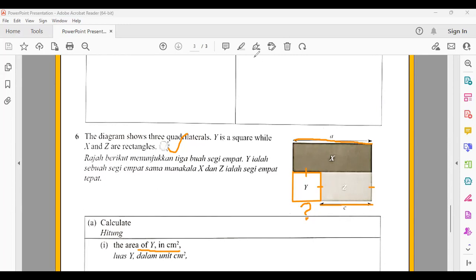Now, just remember, girls, there's no numbers here. Literally, there's no numbers. But how do I find out how much or how to get Y? Your clue is use algebra. How do I find out Y? What is the formula for Y? Put in chat. I want to see siapa dapat. I only have 2 alphabets to help me. One is A, one is C. Using A and C, how to find the length of Y?